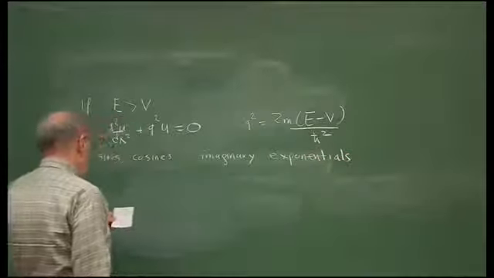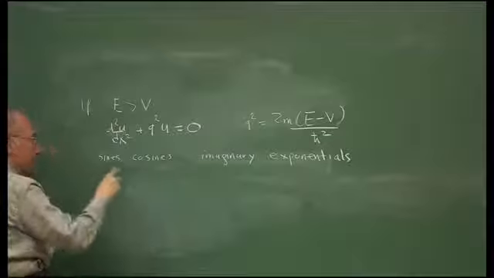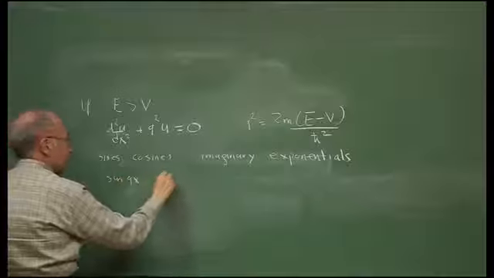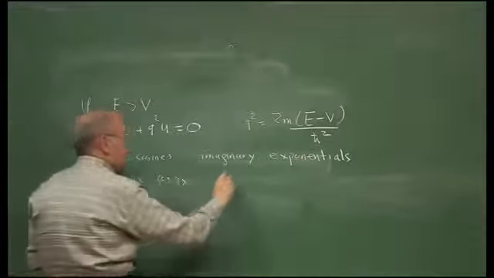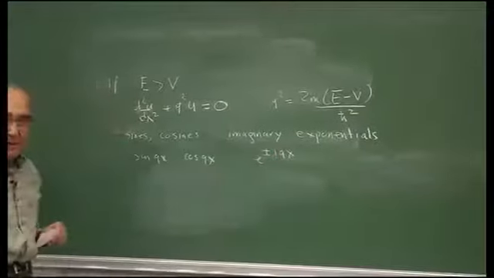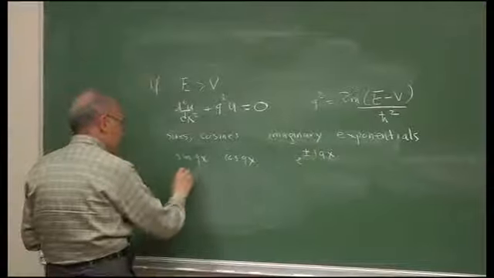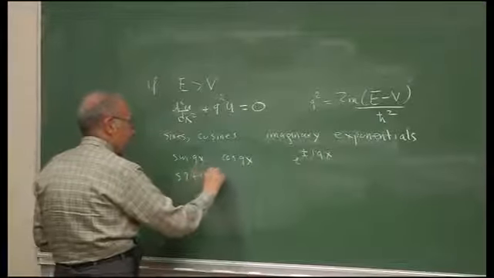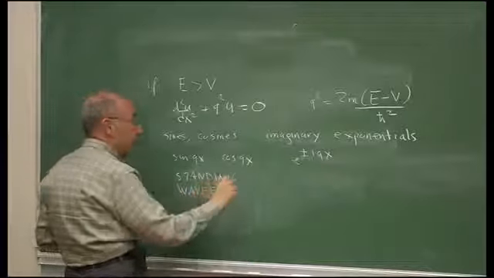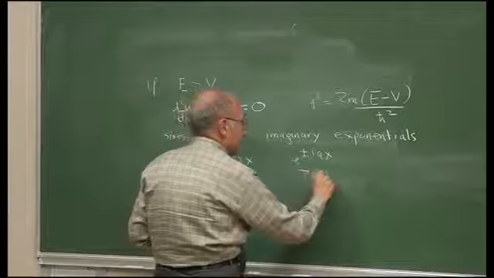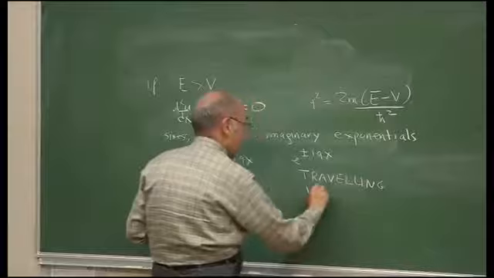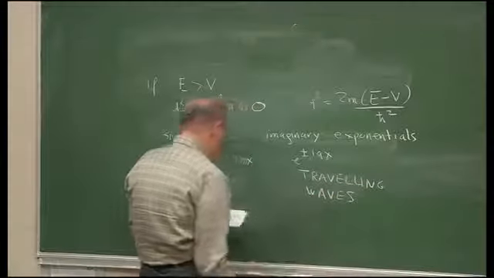Okay, namely, this should be sine qx, cosine qx, e to the plus or minus iqx, and physically we use this for standing waves, and we use that for traveling waves. All right.